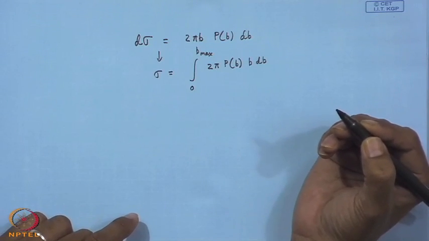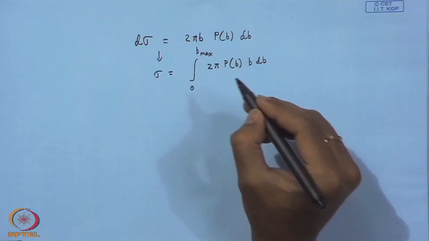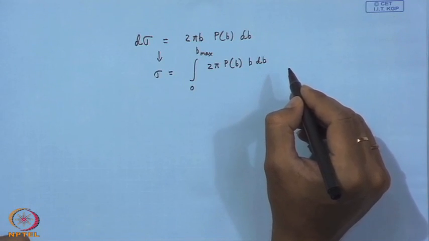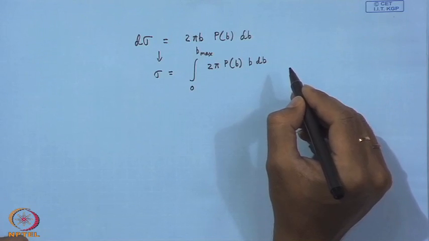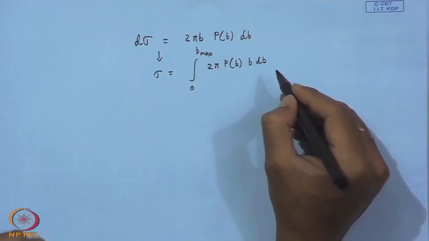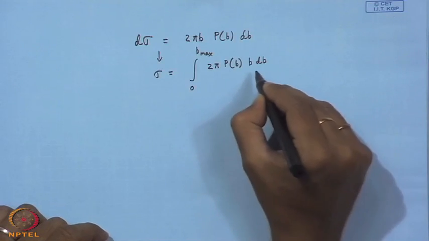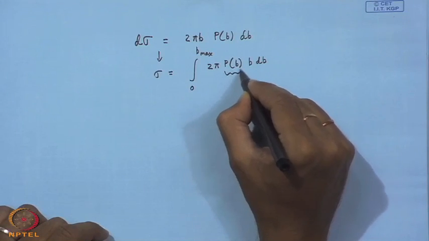This way you can express σ. Here 2π b db is the element of total collision cross section, and P(b) is the fraction of effective collisions.